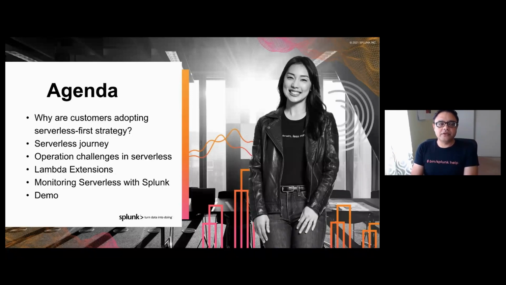We will talk about Lambda extensions in quite a bit of detail, and how you monitor and optimize the performance of your serverless functions, AWS Lambda in particular, using Splunk. We will have a live demo, and we will have ample time towards the end of this webinar for live Q&A. So with that, Ashneet, I will hand it over to you.